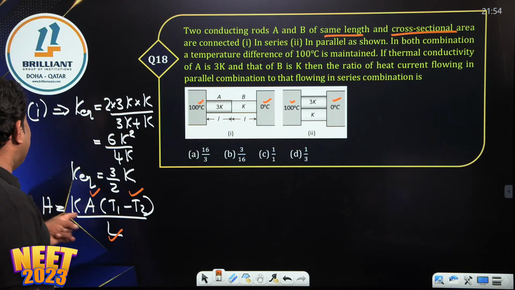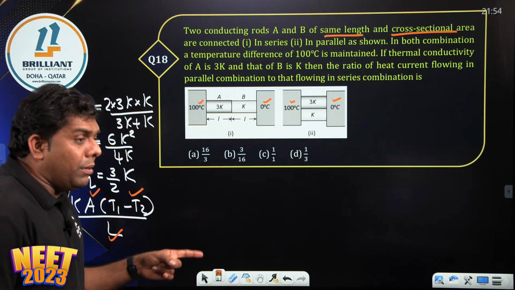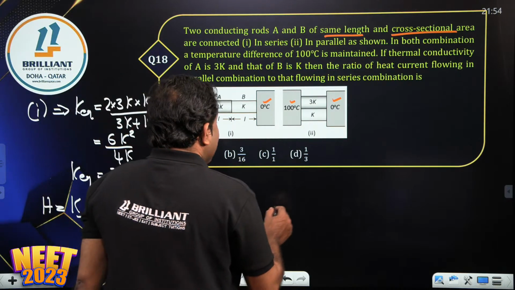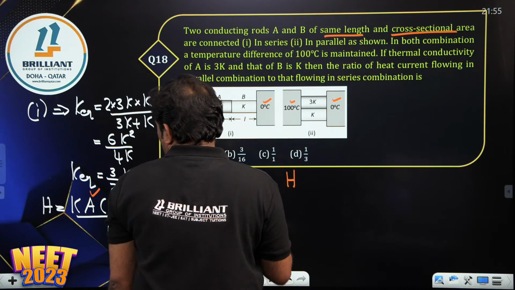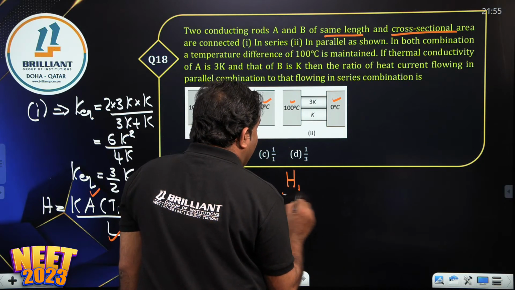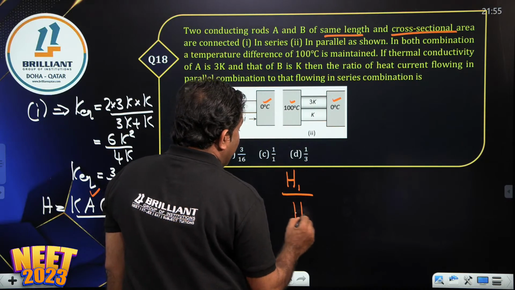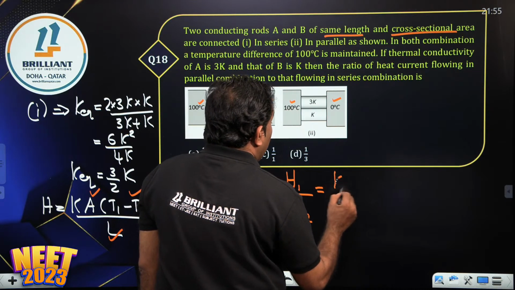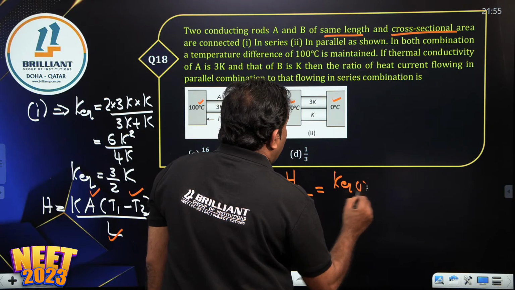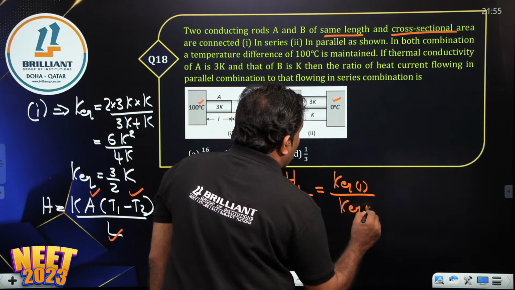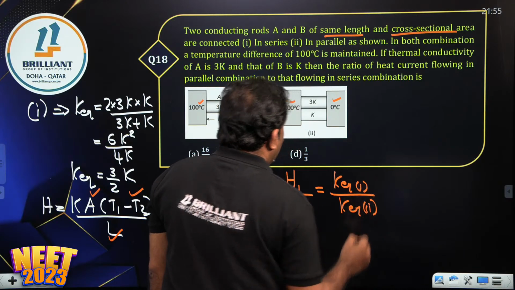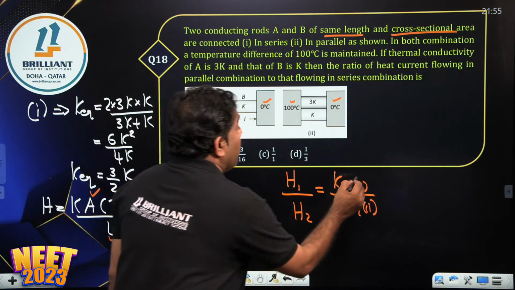So heat is directly proportional to K only. So H1 by H2 is equal to K equivalent of 1 by K equivalent of 2.